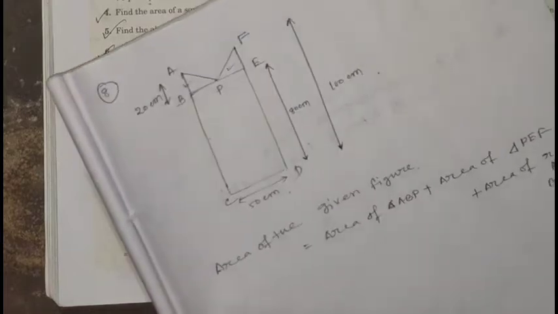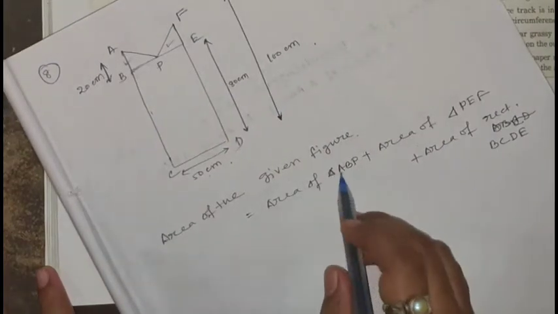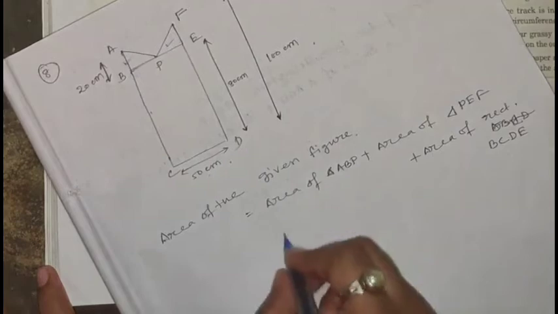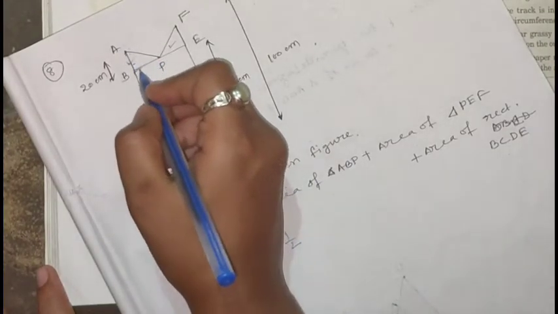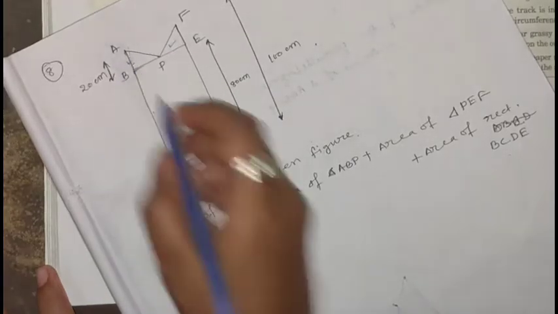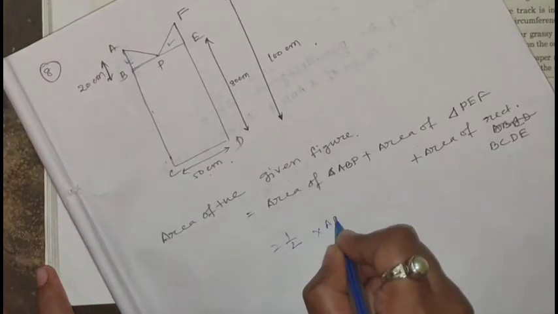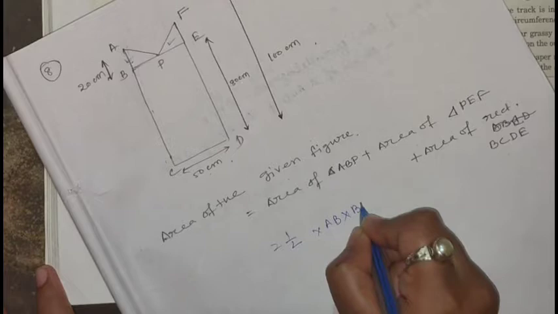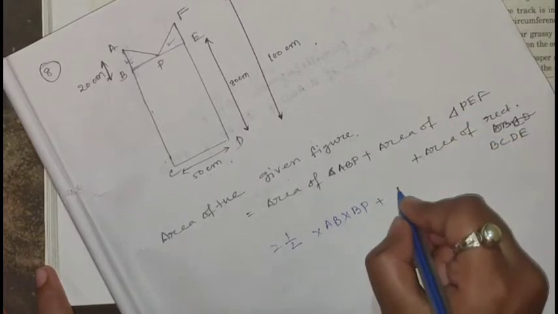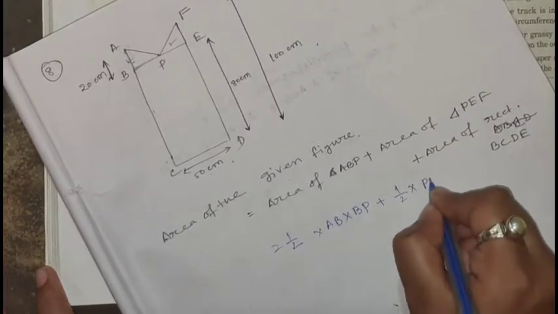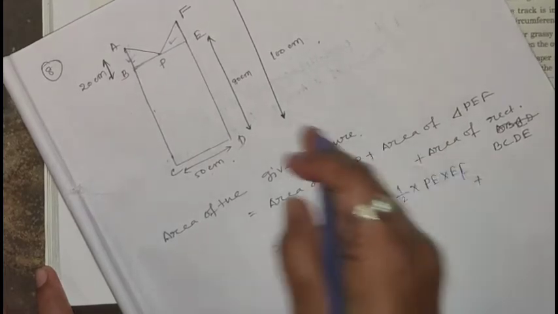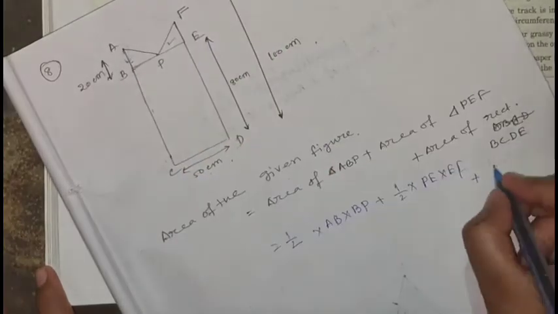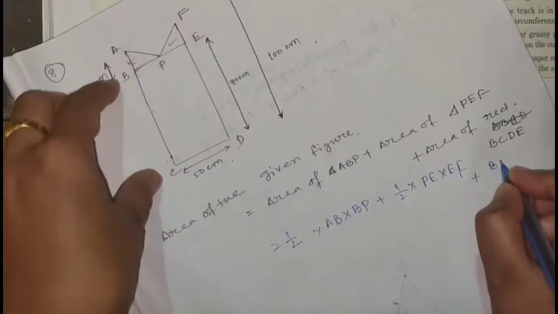Area of triangle ABP will be half into AB into BP, area of triangle PEF is half into PE into EF, and area of the rectangle BCDE is length into breadth, that is BC into CD.